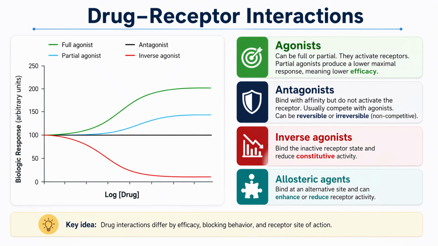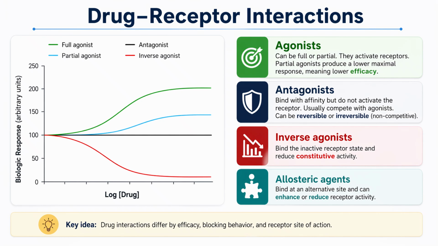Even if you increase the dose, that partial agonist isn't going to generate the maximal response. Now, an antagonist occupies the receptor and prevents the endogenous ligand or another drug from activating it.